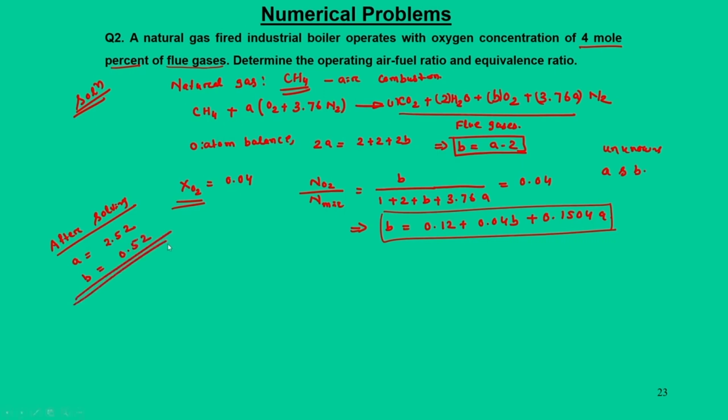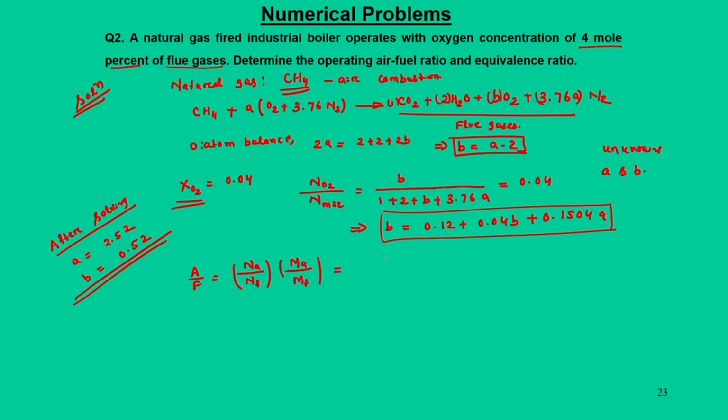Now, with this number we are able to find what the air-fuel ratio should be. The air-fuel ratio would be the number of moles of air by the number of moles of fuel, times the molecular weight of air by the molecular weight of fuel.